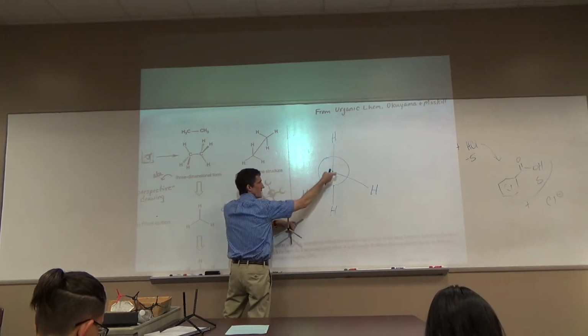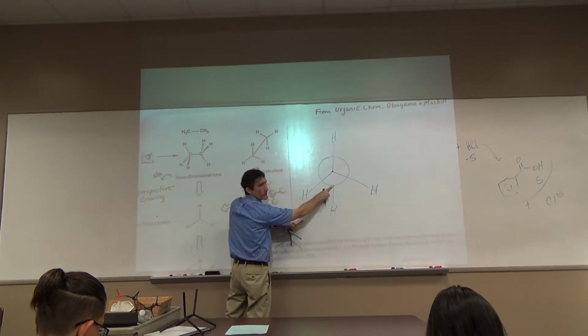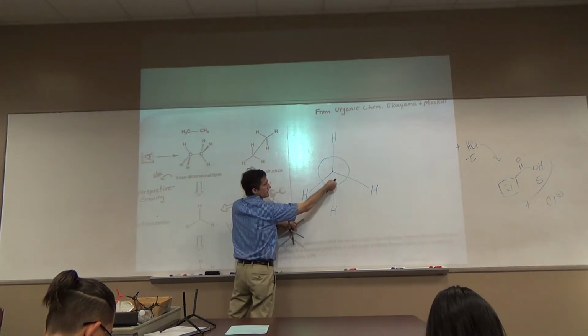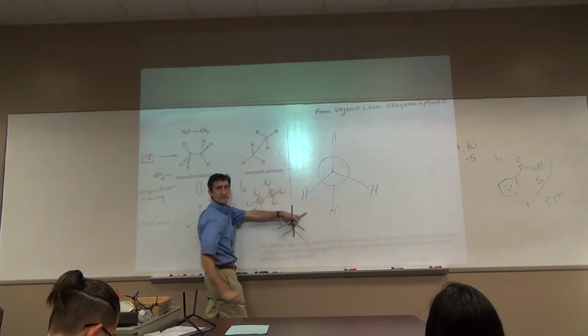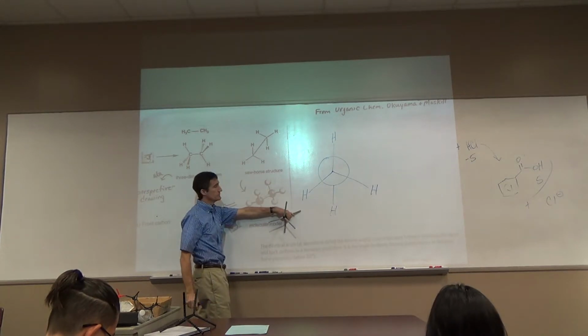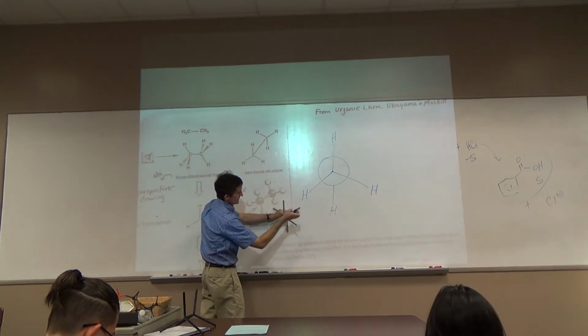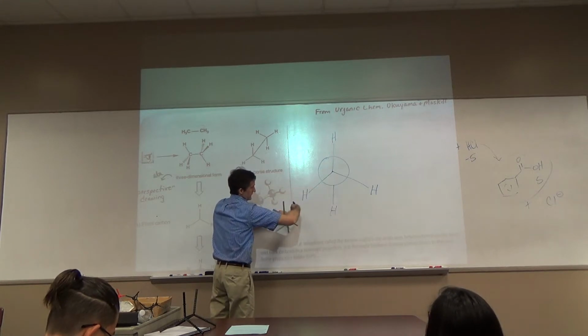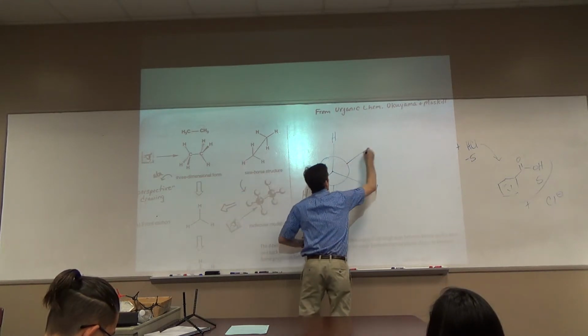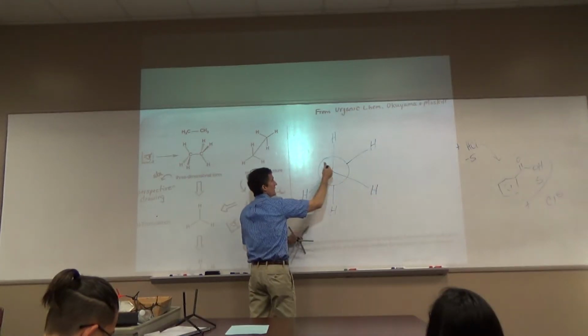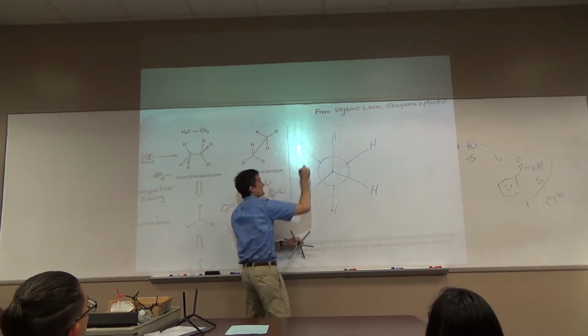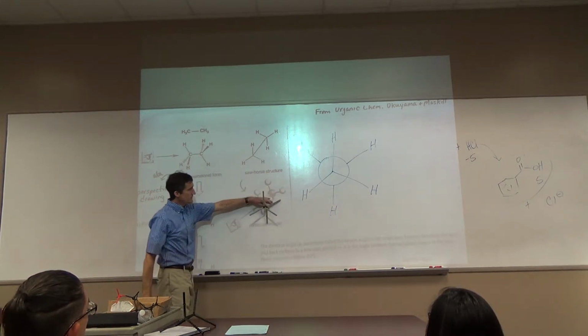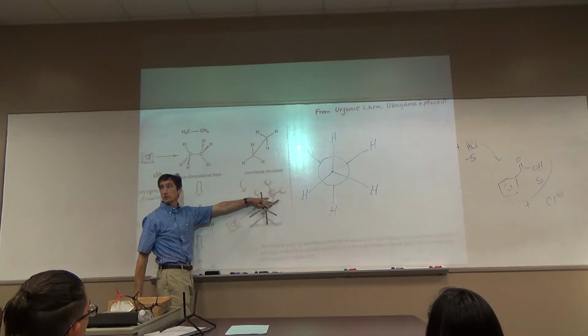We draw the bonds from the back carbon off of the bigger circle, as if you can't see the remaining bonding to that carbon back there. It's hidden by the front. You've got an H coming that way, sort of to about 2 o'clock, off the back carbon, and then you actually have an H here. There's the molecule drawn as a so-called Newman projection.